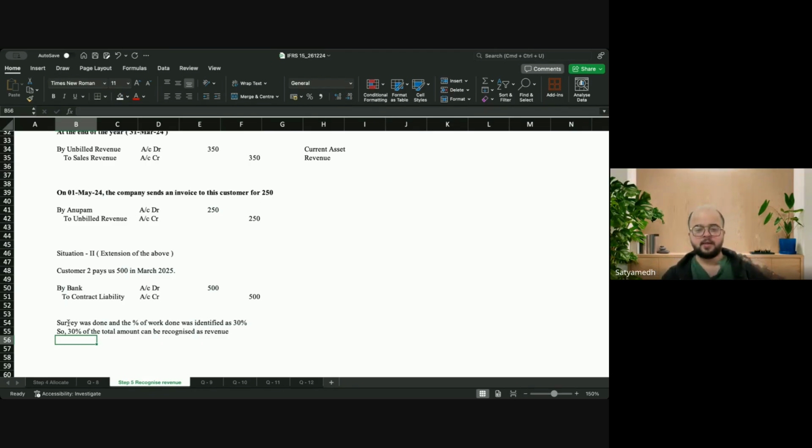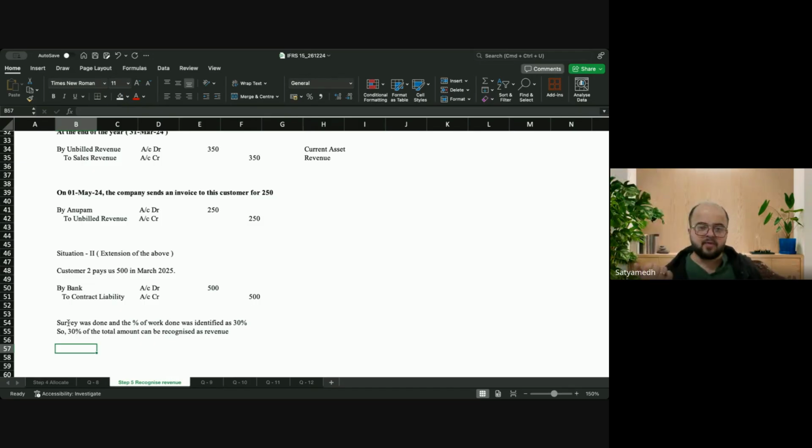Now, we have a contract liability of 500, and we can recognize 30% of the amount as revenue. So we'll have to ensure that the contract liability gets eliminated and revenue is recognized to that extent. Here you will also have to be cognizant of the fact that you will have to first of all bill the customer.